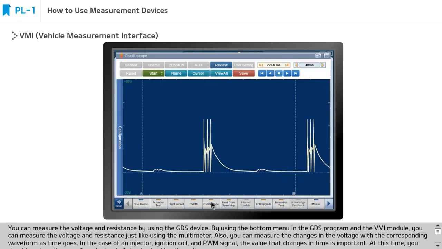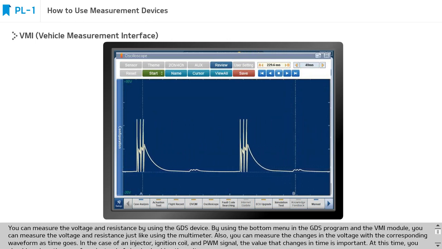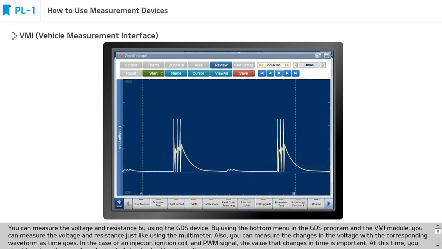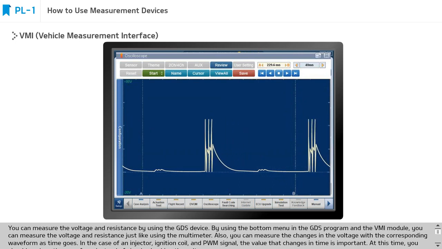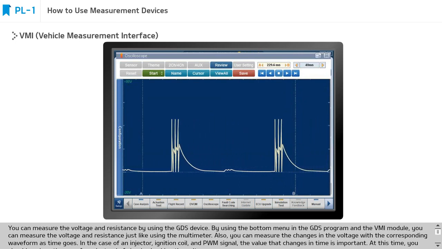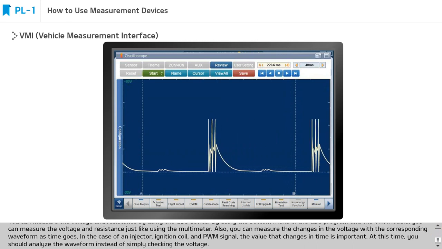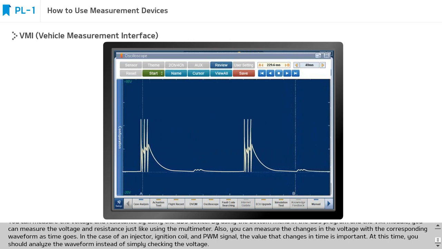Also, you can measure the changes in the voltage with the corresponding waveform as time goes. In the case of an injector, ignition coil, and PWM signal, the value that changes in time is important. At this time, you should analyze the waveform instead of simply checking the voltage.